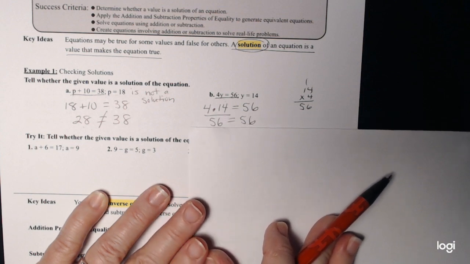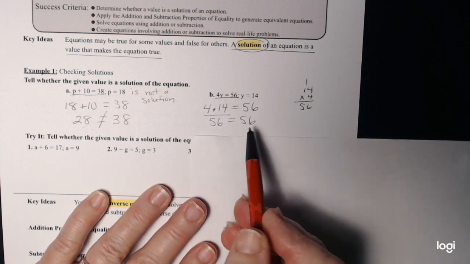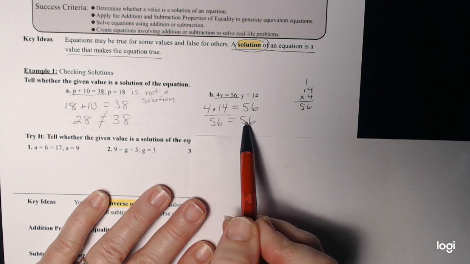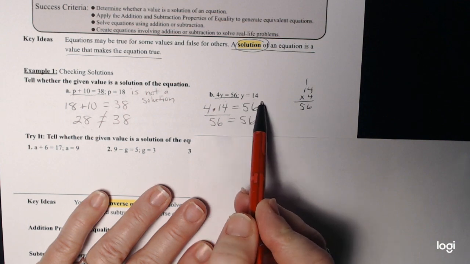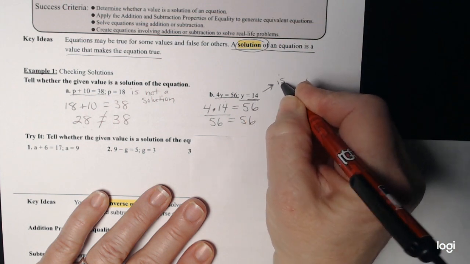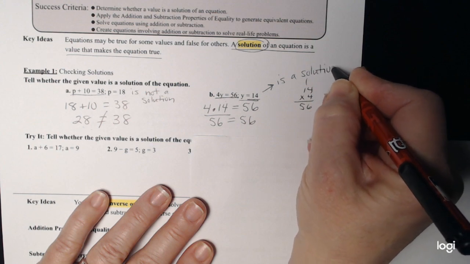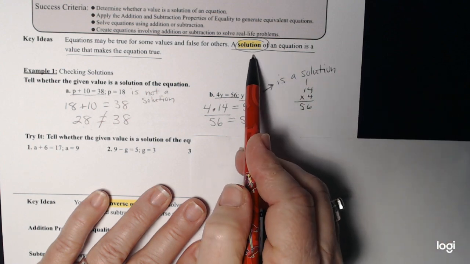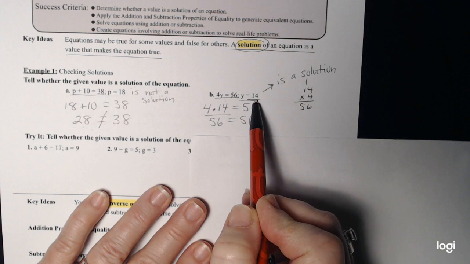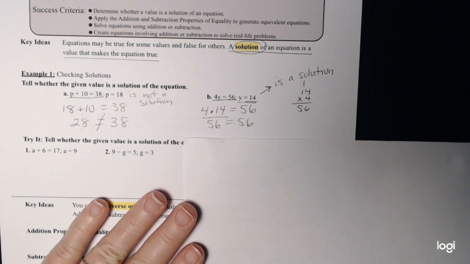So on our paper, we will write 56 equals 56. Obviously, this is true. So we could say that y equals 14 is a solution. Remember, the word solution means a value that makes our sentence true. This one was true. This one was not true.